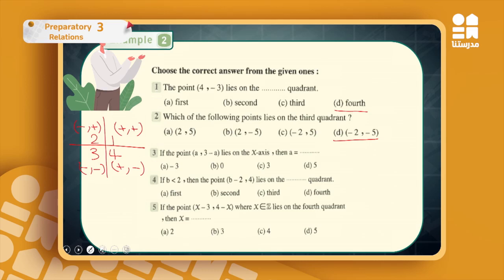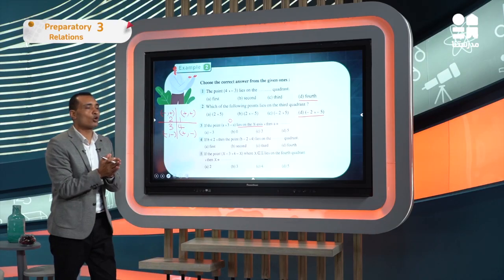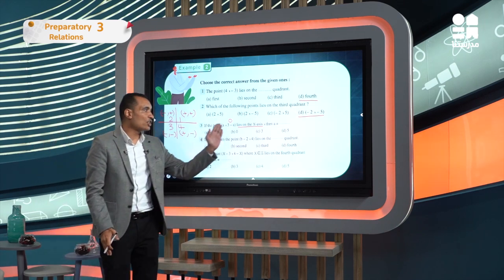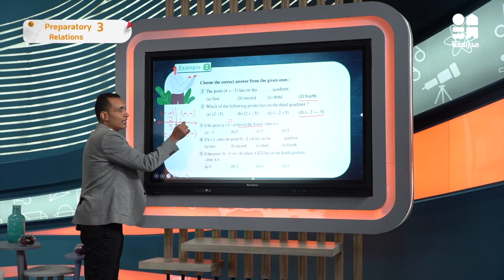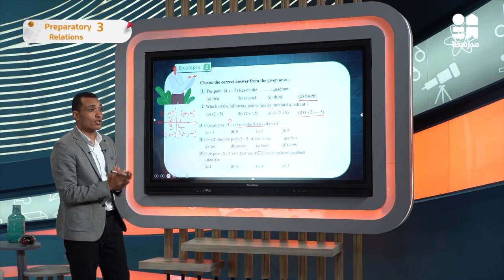Now, question number 3. If the point A and the 3 minus A lies on the x-axis. In the last session we said any point on the x-axis has its y value equal to 0. So we must pay attention to this note. Any point on the x-axis, its y equals 0.